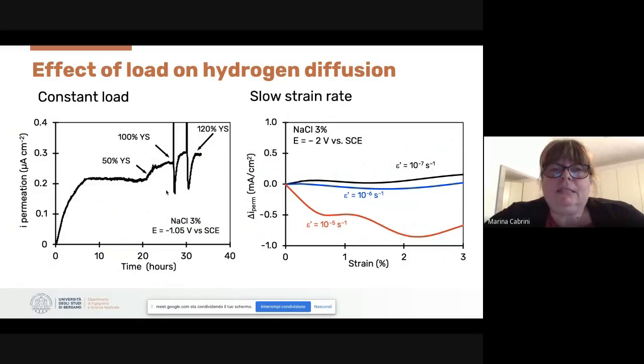One is the anodic current, because we cannot separate the effect of passive anodic current from the hydrogen permeation current. When we apply a constant load in the plastic range, we have a rupture of the passive film that is immediately reformed, and this corresponds to an increase of the anodic current.